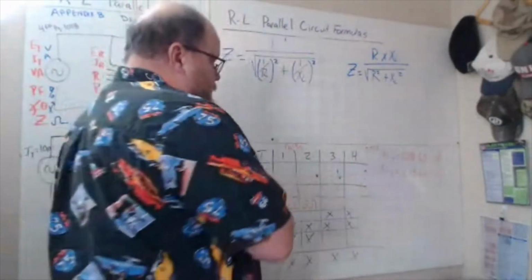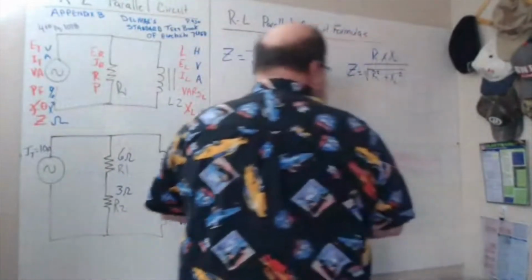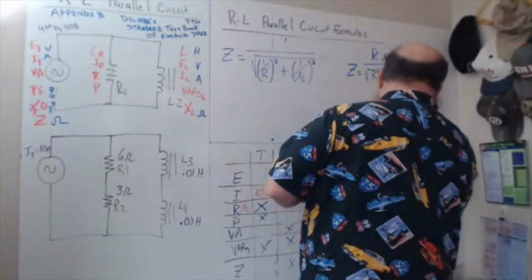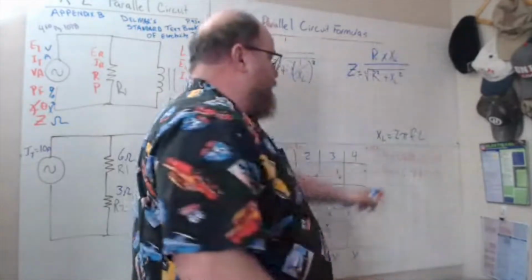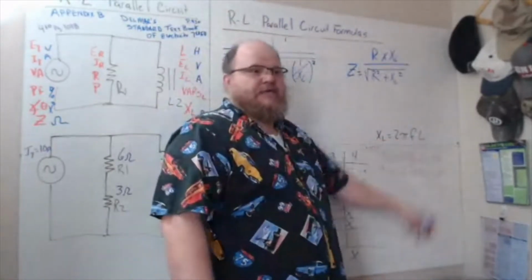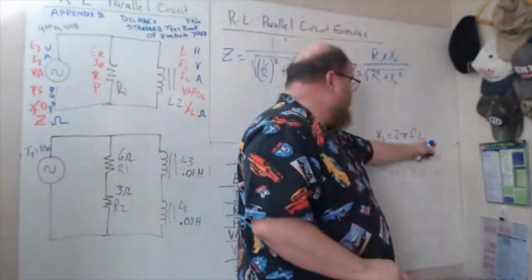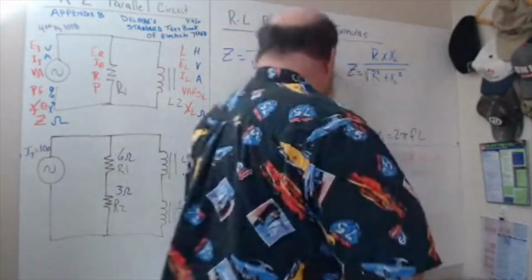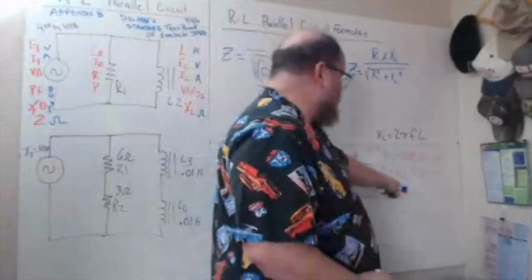So to do this, 6.28 times 60 times 0.01. So that is XL equals 2 pi FL. 2 pi is 6.28. F is frequency. In the United States, frequency is 60 unless otherwise stated. And then L, in this case, is 0.01 henries. For the other, it's 0.03.